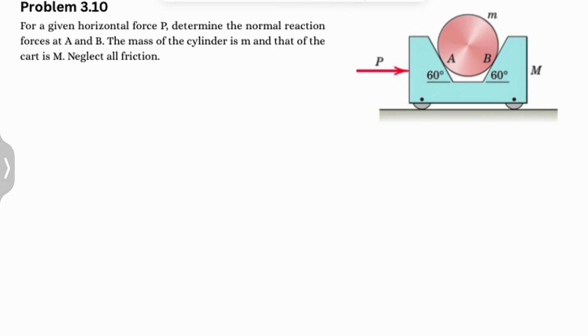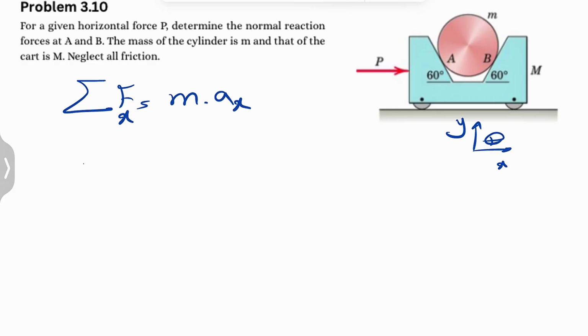So what we can do is draw the free body diagram for a cylinder, but first, we know the sum of all forces is equal to mass times acceleration. Obviously there is no movement in y direction because the cart is rolling horizontally. So if we just call our x and y in here, we are dealing with the sum of all forces in x direction, and our acceleration would be in x direction too.